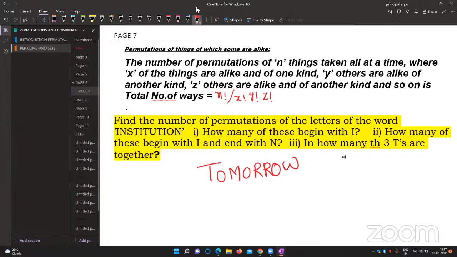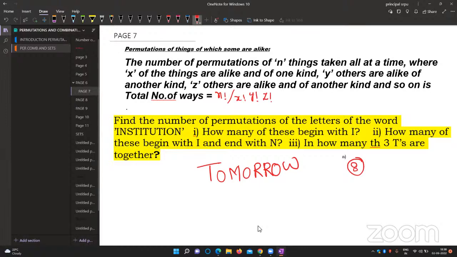See, the word tomorrow. How many letters are there in the word tomorrow? 1, 2, 3, 4, 5, 6, 7, 8 letters. Now, suppose I ask you, listen carefully, to arrange all the letters of the word tomorrow, irrespective of meaning, whether the arrangement gives a meaning or not, that is secondary.